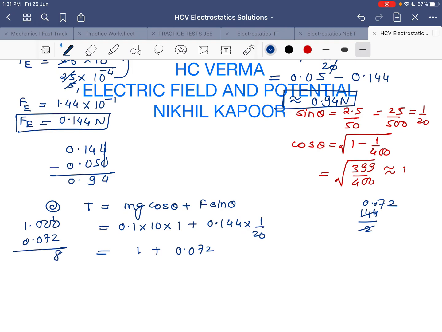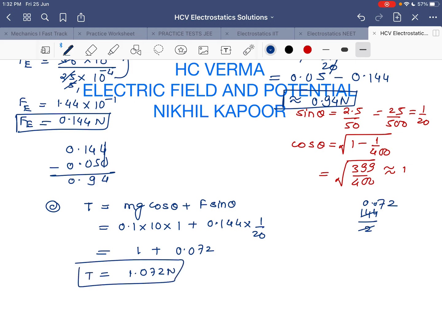Okay, here the addition is taking place, sorry, so we should add them. So that comes out to be 1.072 Newton, and that's the tension in the string.